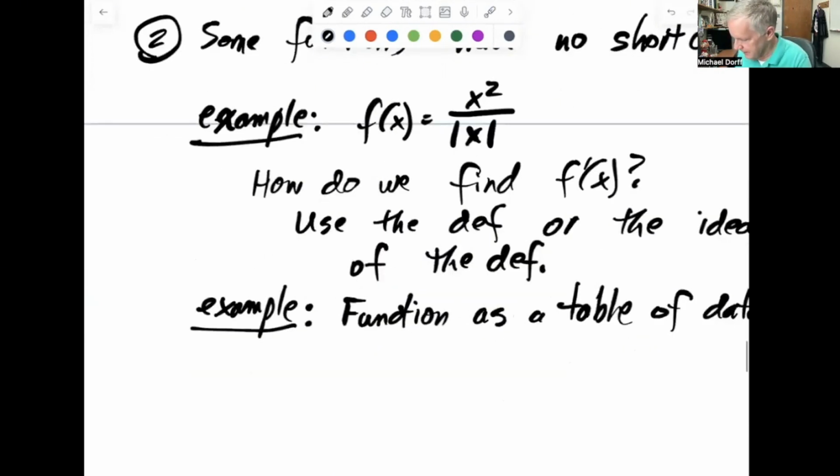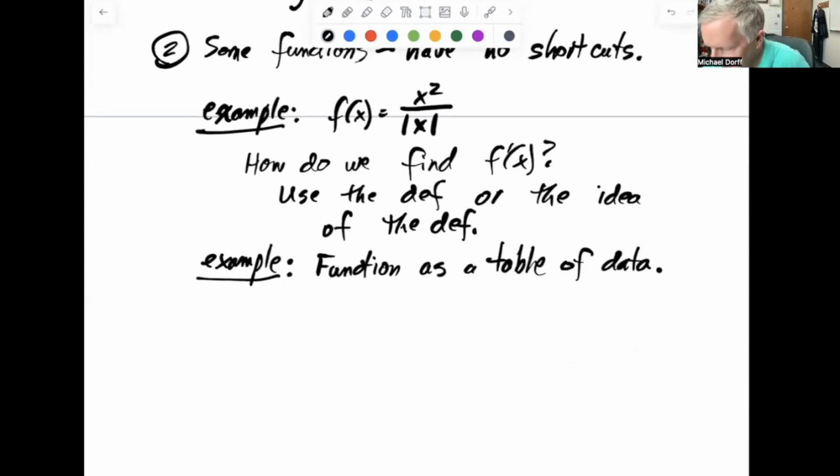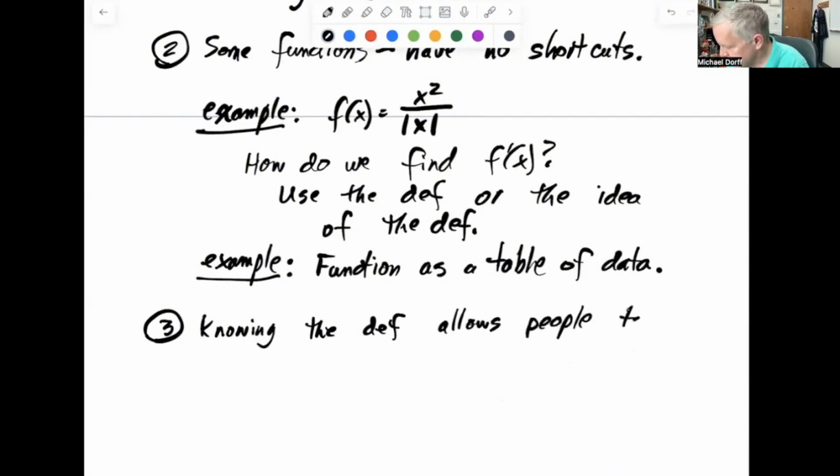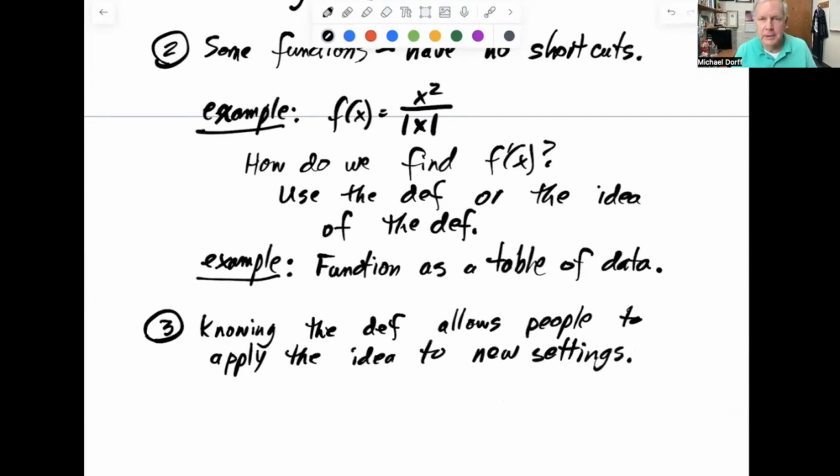And then finally, a fun fact is that knowing the definition of the derivative allows people to apply the idea to new settings. That's kind of what I was talking about with this CGM, this continuous glucometer for my blood sugars, but it also happens in the case when we're dealing with artificial intelligence and machine learning.